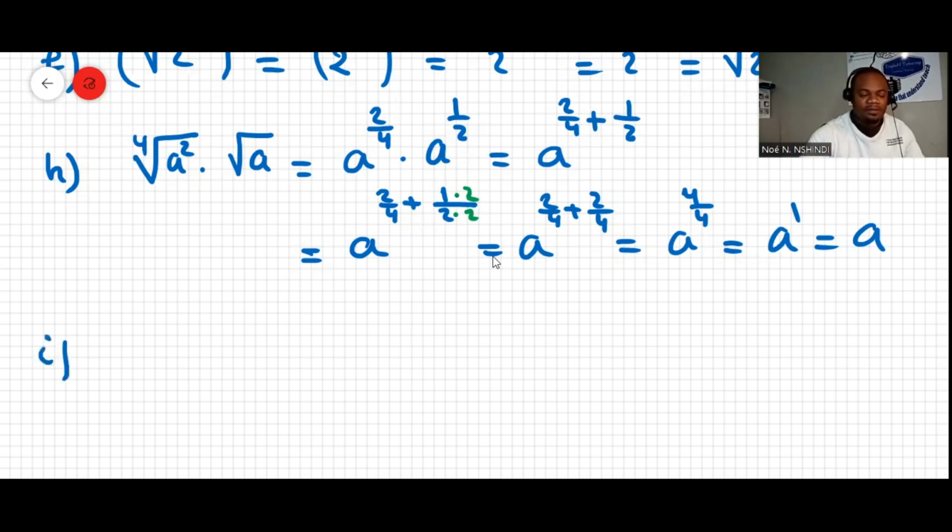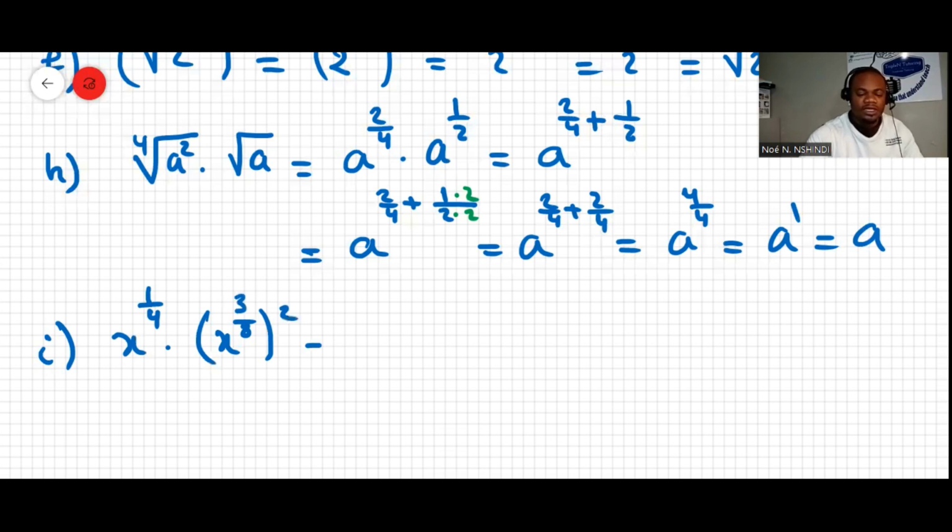What we have for I, that's x to the power of 1/4 multiplied by x to the power of 2/8 all to the power of 3/8 all to the power of 2.